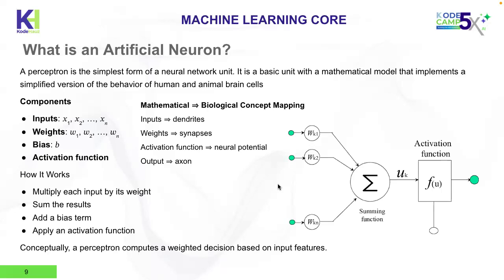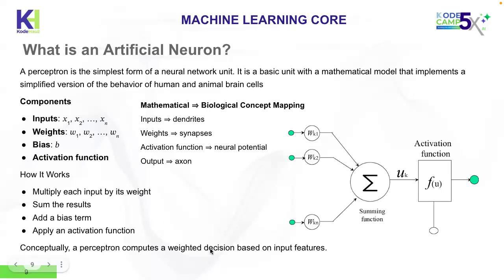So you take each of those inputs, multiply by the weight, and then sum it. When you sum it, you add the bias term, which is a representation of the existing state of that neuron. Then you apply the activation function, and that is the output from that neuron. This is called a neuron or a perceptron, okay?